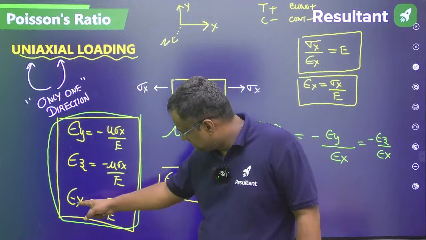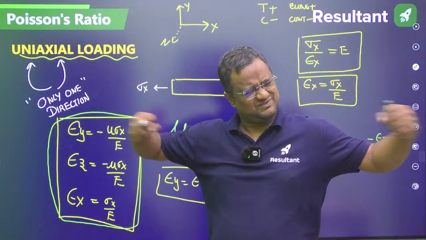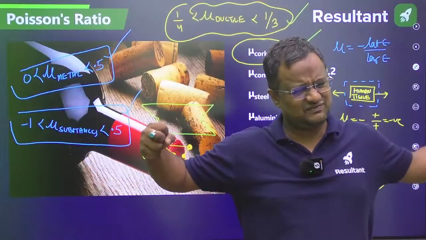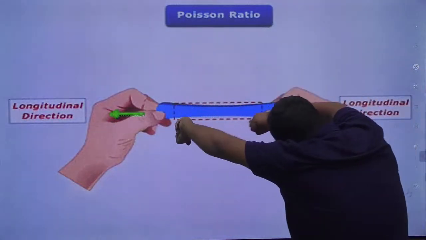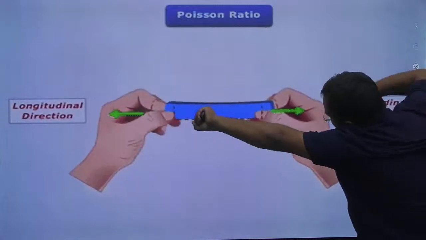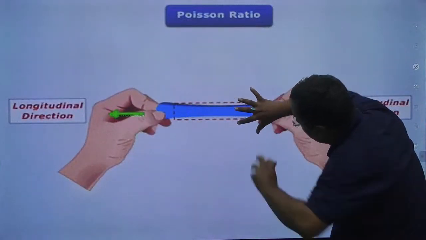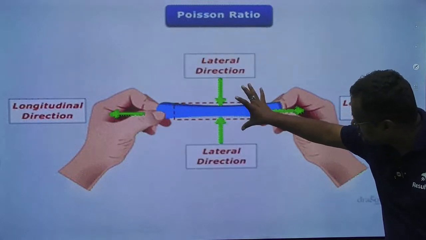So strain is equal to stress by Young's modulus. But in other directions, guys, if I apply the force like this, here it is elongating, but here it is contracting. The magnitude of the elongation will be more, and the magnitude of the contraction will be lesser.